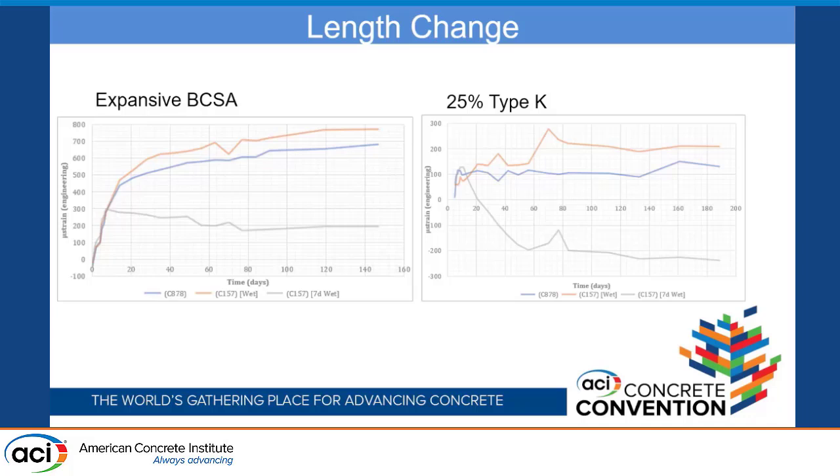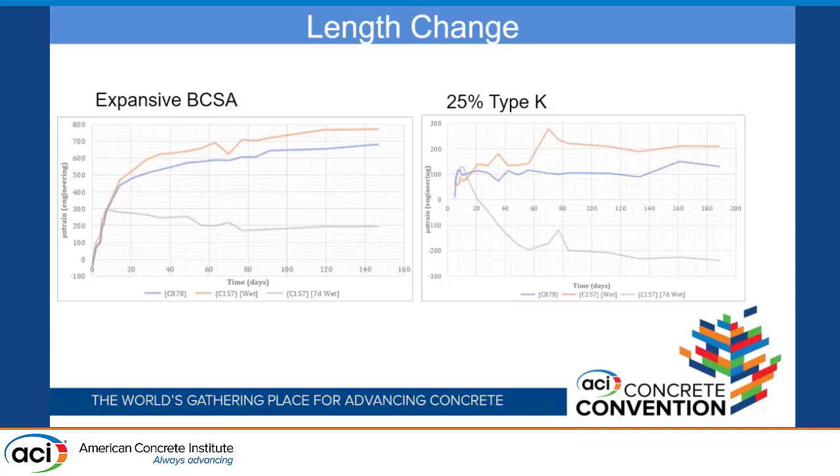But just to give you an idea of where we're heading, if we look at these graphs, these are the expansive BCSA on the left and the 25% type K on the right. These are unrestrained expansion, ASTM C157, as well as restrained expansion, ASTM C878. The blue line and the orange line in both cases are continuously water cured.